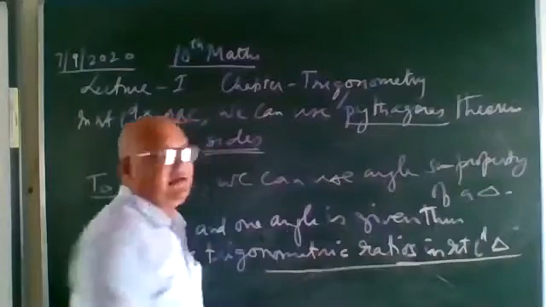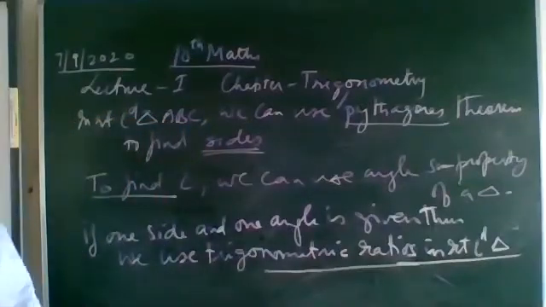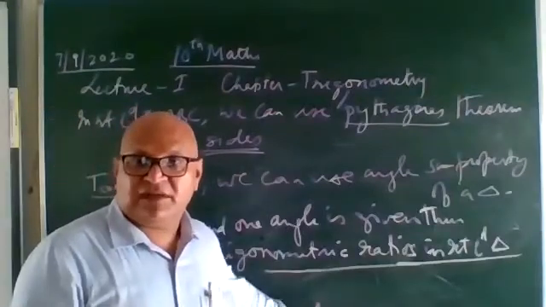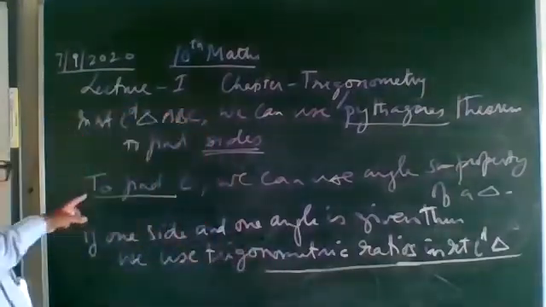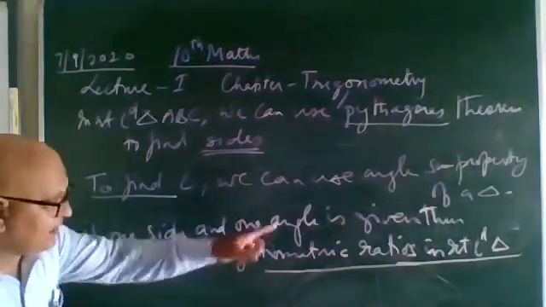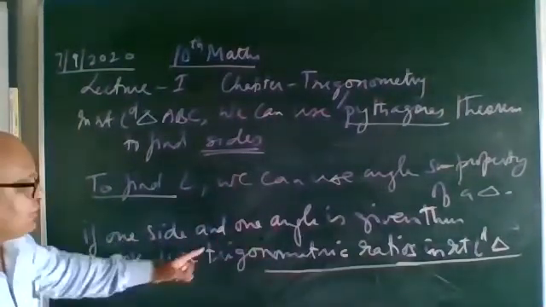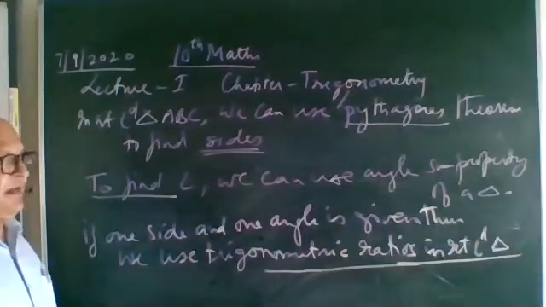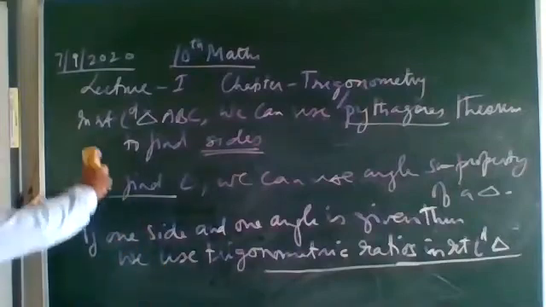This is very important. One angle is 90 degree always. You remember that, don't confuse with that. Only the right angle triangle we have to study.